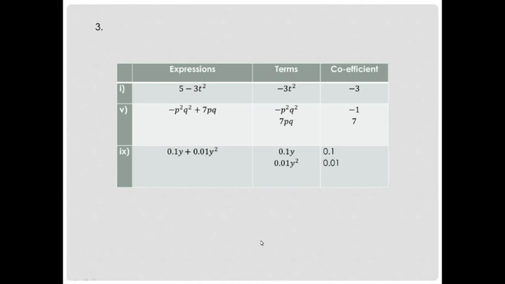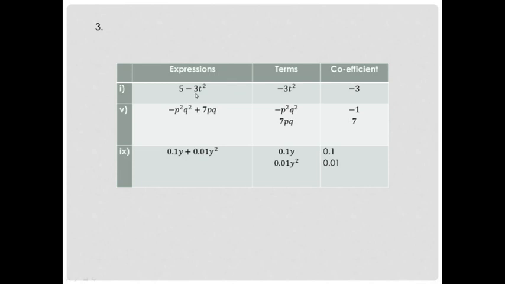Then here, if we look at this, 5 minus 3t squared. So 5 has no variable at all. A numerical value which has no variable at all is called a constant. And a number combined with variables is called a term.